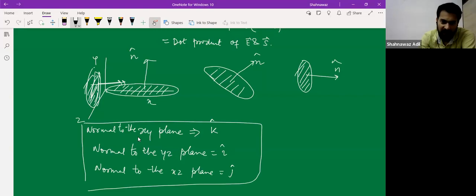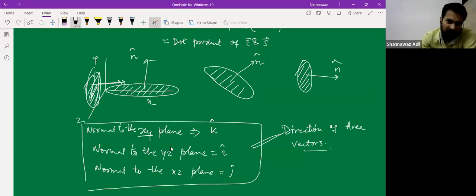So this is the direction of the area vectors, if you have the area in the XY plane. Okay, understood up to this point. So now let me give you one question.